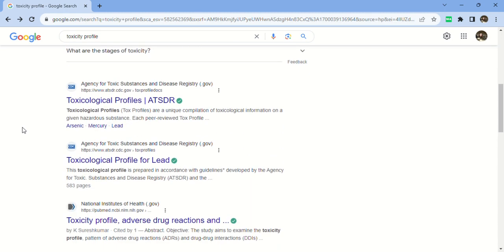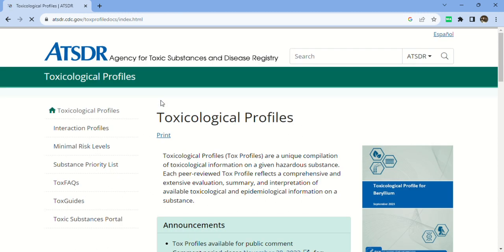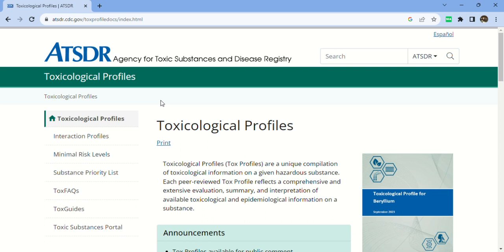Now we come to toxicity profiling by the Agency for Toxic Substances and Disease Registry. Both sites are government sites, because even the government wants people to design projects in this manner. They are supposed to synthesize the toxic chemical or the medicinal compound.